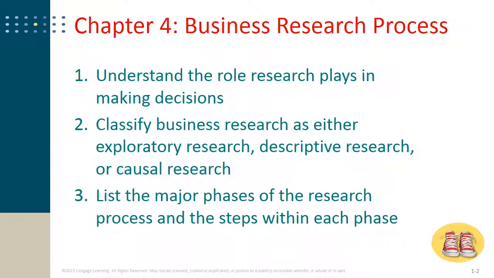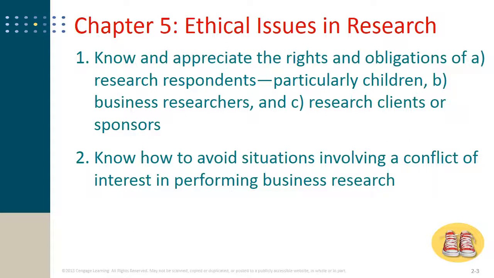Chapter 5 moves to a little bit of a departure away from the nuts and bolts of doing business research, more towards the ethical issues and conflicts of interest that can arise when you're doing business research. And this is particularly important, maybe less so in the business field than in something like pharmaceuticals or other healthcare related industries.